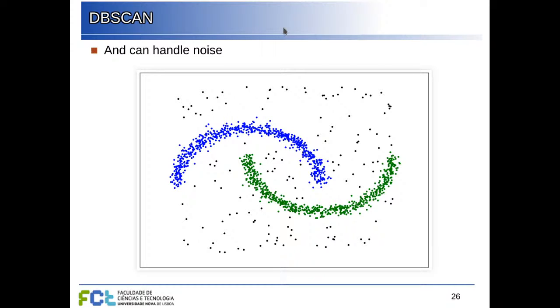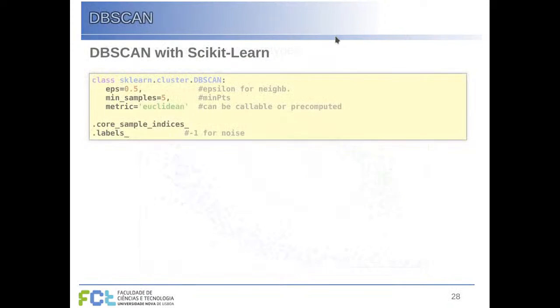And it also handles noise, so it leaves out all those points in low density. Of course, for some applications, this will not work. You cannot use, for example, DBSCAN to do vector quantization like we did with the image example, because it would just create a single cluster with all those points, and that would not be very useful.